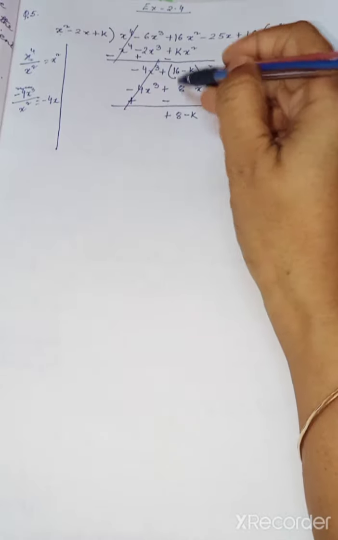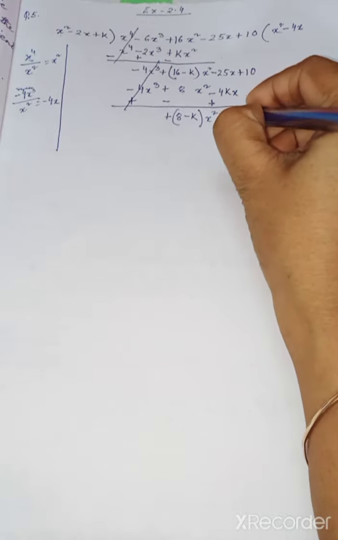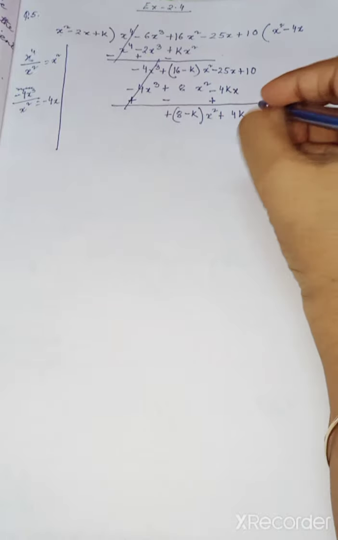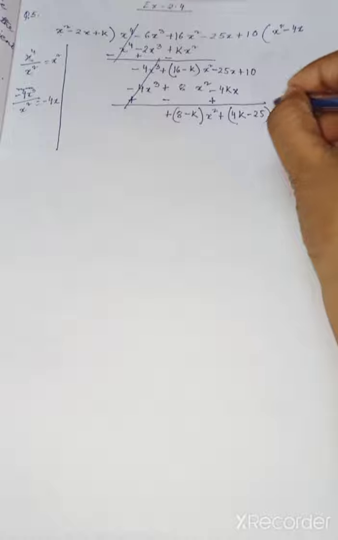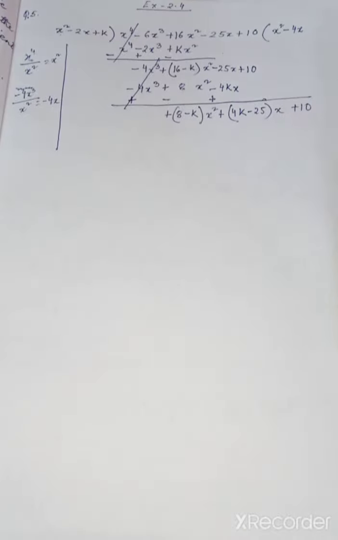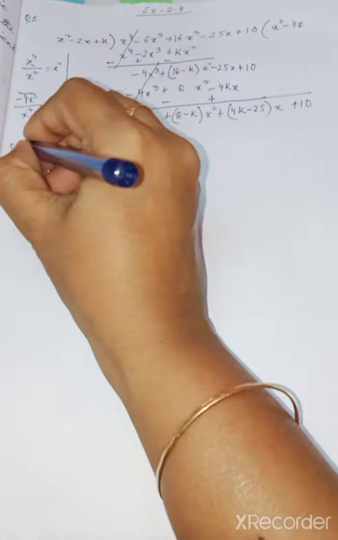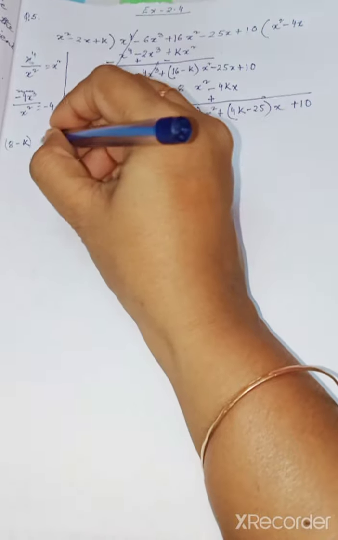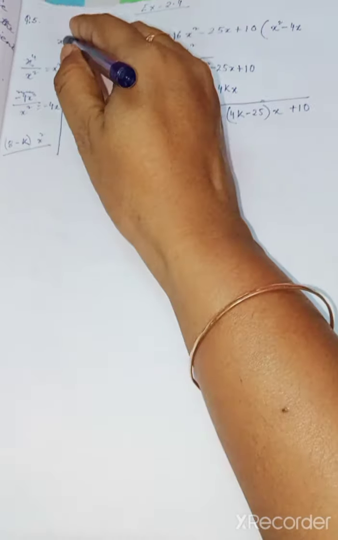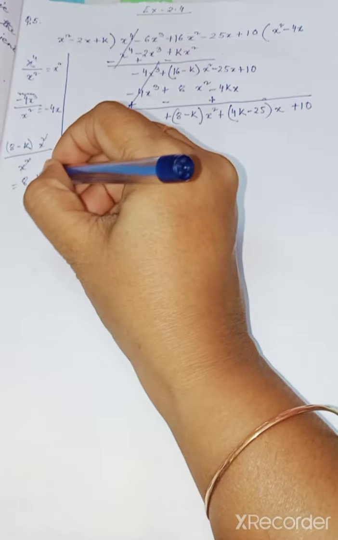Left there is x square, and which one do we write first? The positive one, always remember. So here 4k minus 25x plus 10. Now this is the first term, 8 minus k x square, and we divide it by the first term x square. So what we will get is 8 minus k.